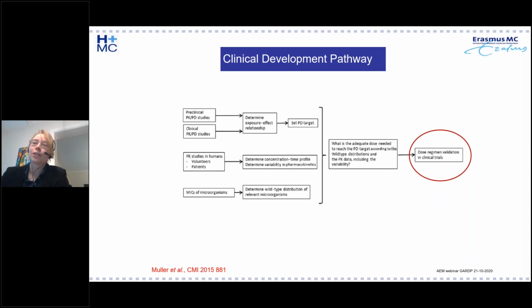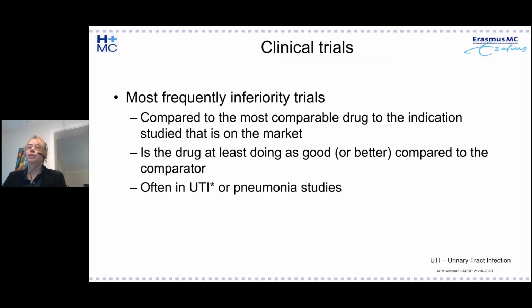So many clinical studies are a little bit at the end, because after we did dose finding and determined the concentration and the dosage that you need, then you're going to validate those regimens in a clinical trial. And these are often the non-inferiority trials, to validate what you think is the right dose, that it's indeed working.